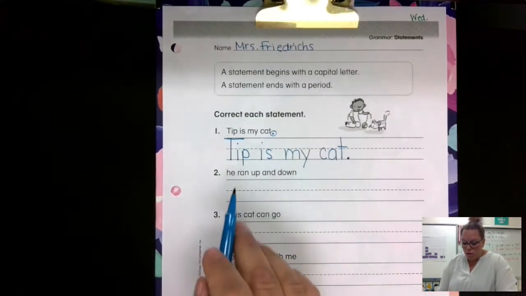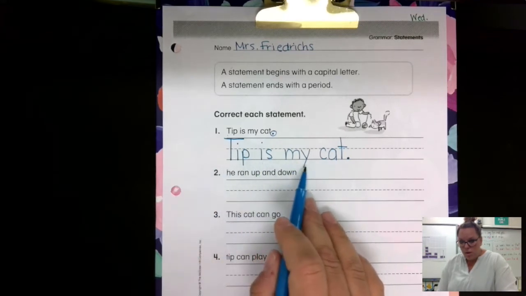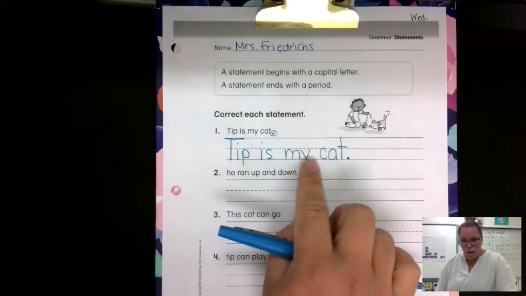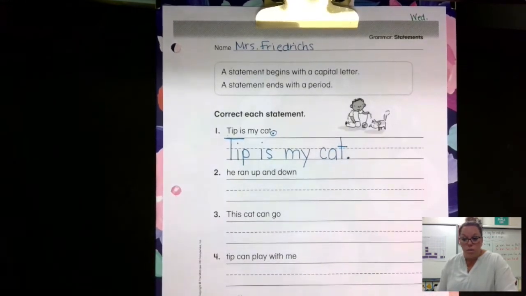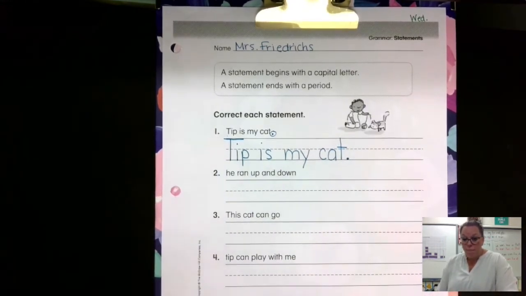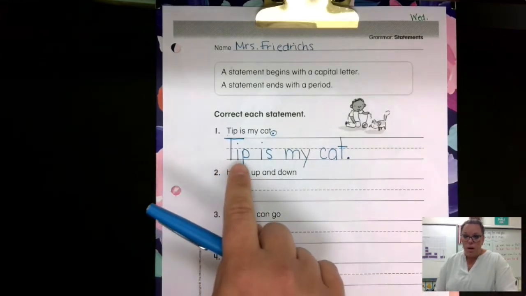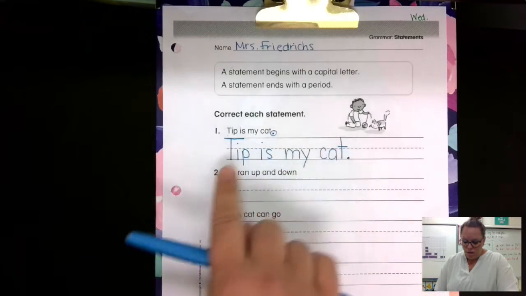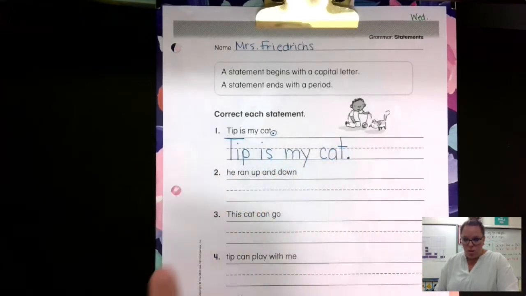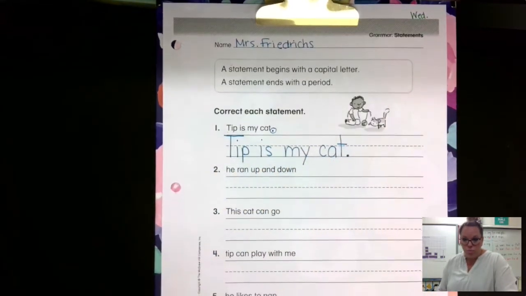Make sure that you have a capital T for tip, a space in between each of your words, and a period at the end of your sentence. No other letter except for the T in tip should be capitalized. Also, notice how my words are written on my line. They're not all over the place up here. They're real nice and straight. Make sure that yours looks like that too.